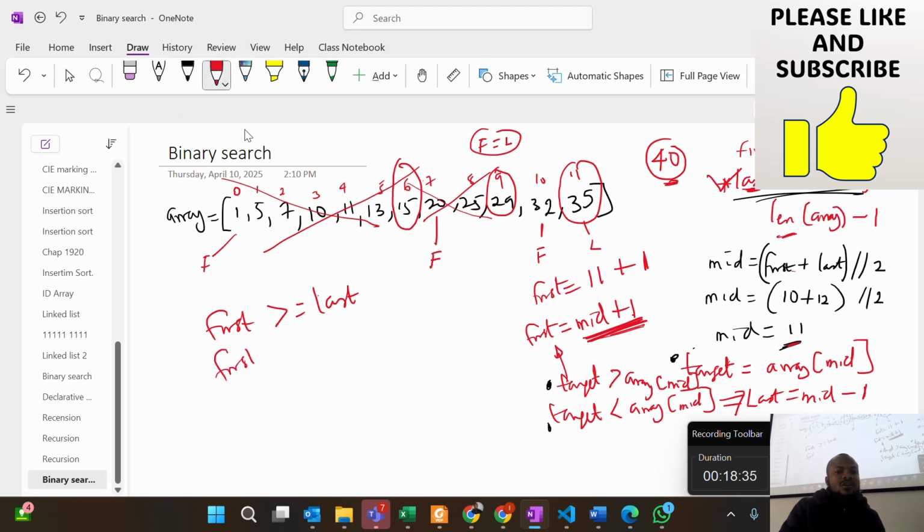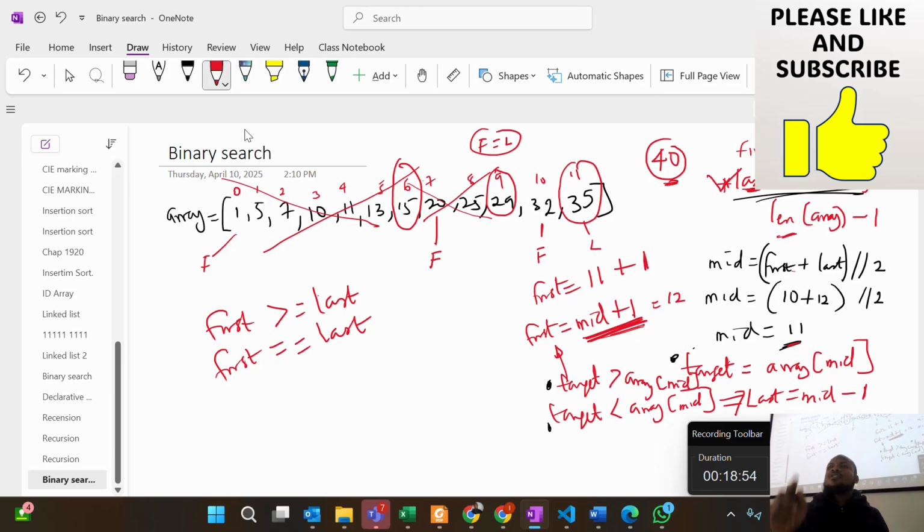When first is equal to last, we have to stop. Also, when first is greater than or equal to last, because if you take a look at this, first is now equal to 12, isn't it? Once it is 12, we have to stop.